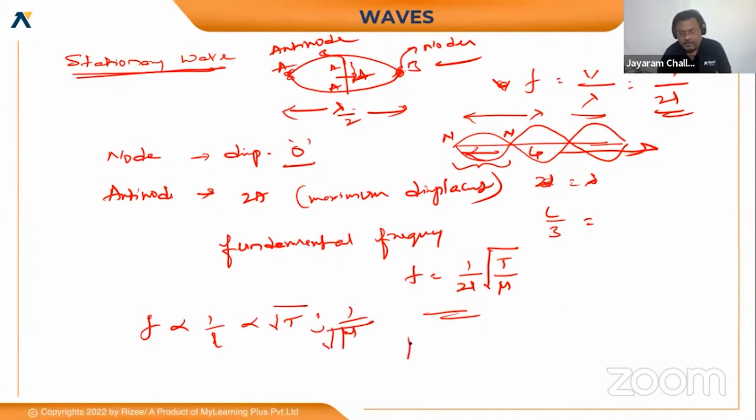Where mu is called what, sir? Linear mass density. These are very important factors for the formation of a stationary wave, and these are called the laws of transverse waves.